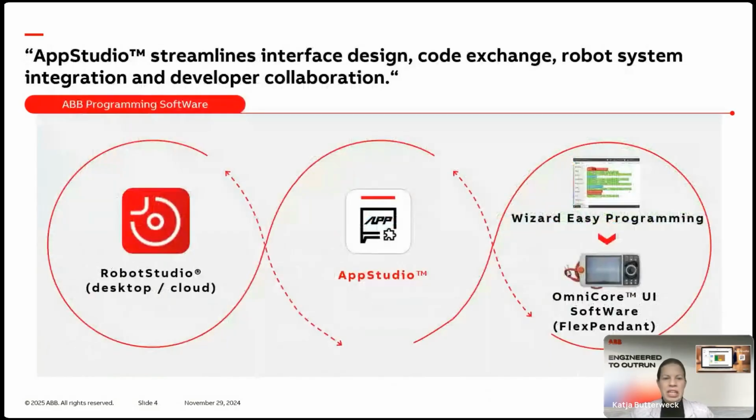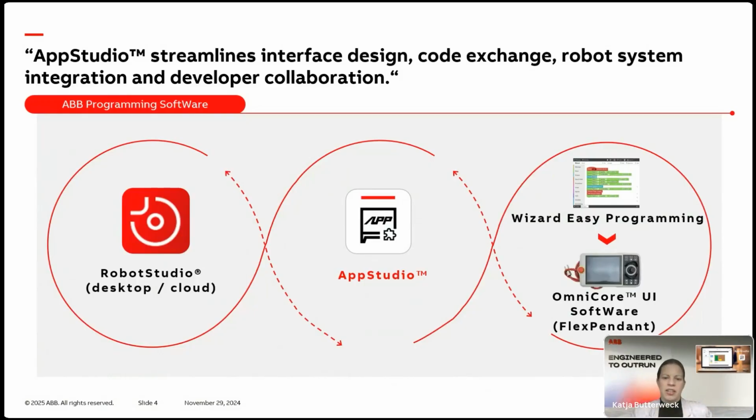So AppStudio is a separate software. It fits well into the picture of the Robot Studio, desktop and cloud version. But then we also have our Flex Pendant, the user interface for the ABB robots. And for those asking, oh, but you also have the Wizard Easy Programming: yes, this is basically an app running on the OmniCore Flex Pendant.